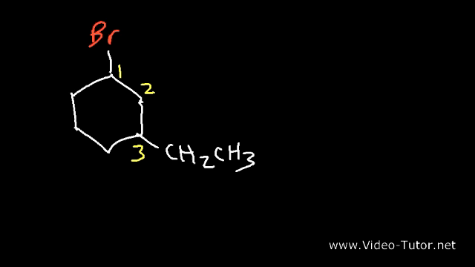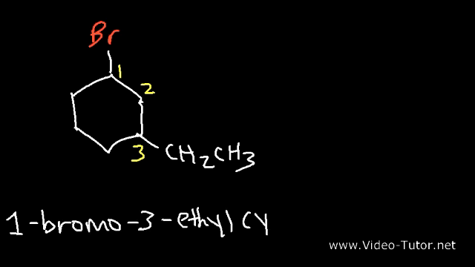We need to alphabetize it, and if possible, put it in increasing order. So to name it, it's going to be 1-bromo-3-ethylcyclohexane. So not only were we able to put it in alphabetical order, but we are able to put the numbers in increasing order, which is preferable.